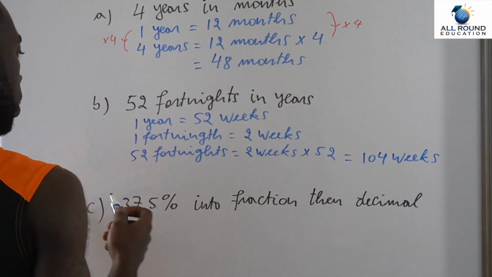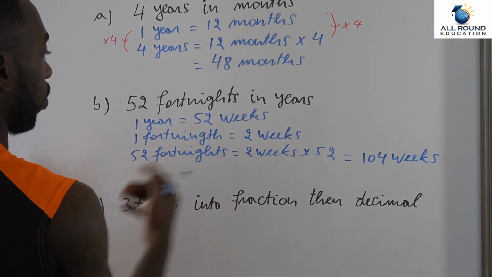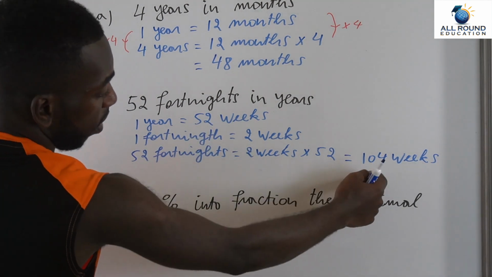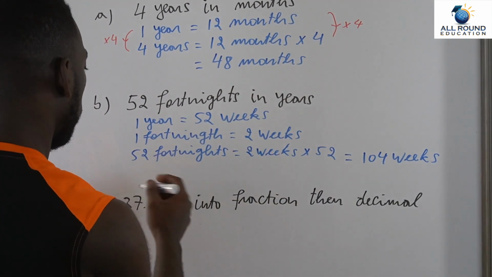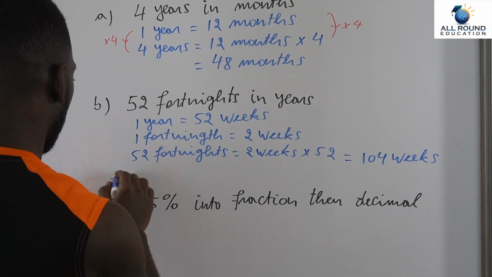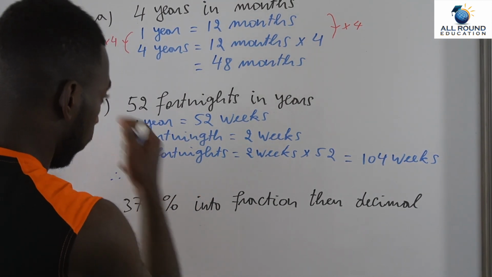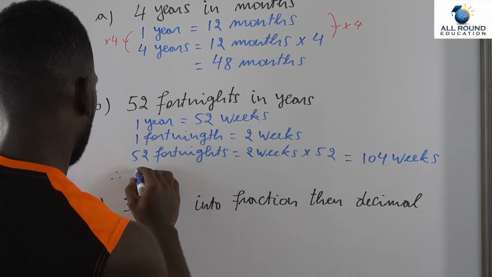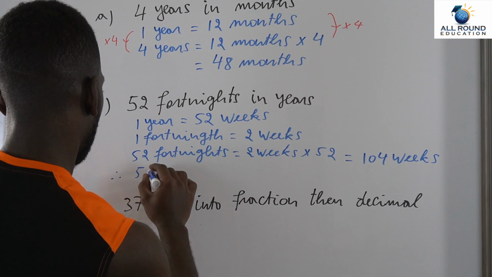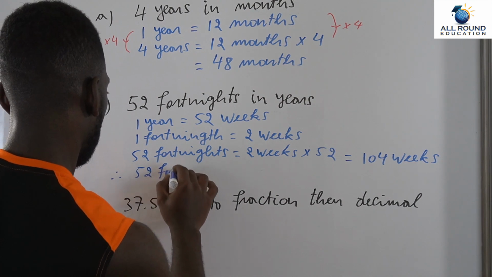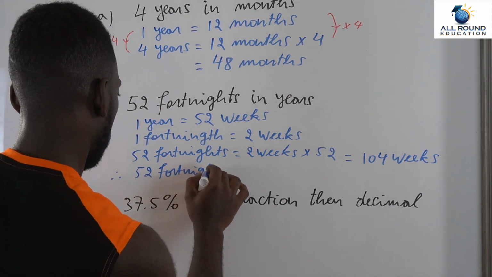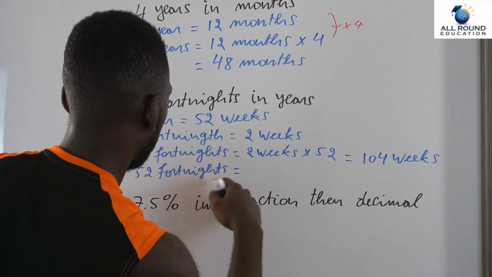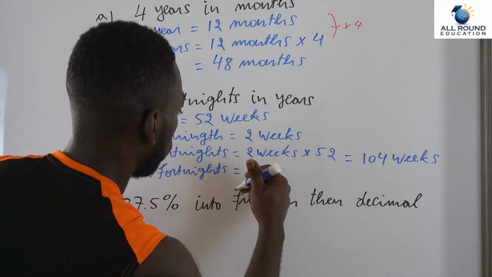104 weeks, right? So the next step is to convert everything. Now we know that in 1 year there are 52 weeks. However, our total weeks is 104. Therefore, 52 fortnights is actually equal to 2 years, right?